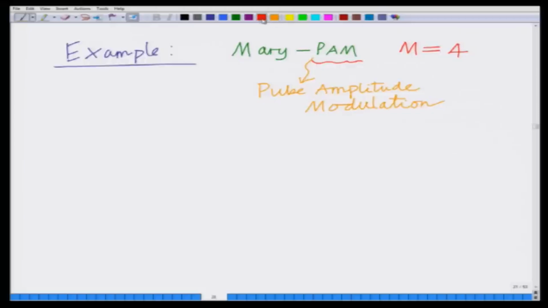And remember, for M equal to 4 symbols, our sample space S consists of the symbols -3 alpha, -alpha, alpha, 3 alpha. We are considering 4-PAM, that is M-ary pulse amplitude modulation, which is a digital modulation, that is, this is a digital constellation from which the digital transmission symbols are drawn.